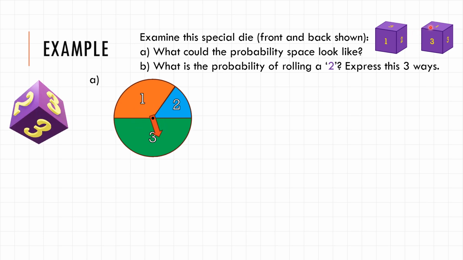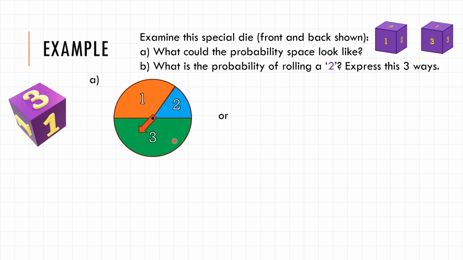There's 2 1s and only 1 2, so I would break this circle up in a way that the area of the 1 is double the area of the 2. And there are 6 total outcomes, and 3 of them are 3s. So the area of the probability space that should be taken up by the outcome 3 needs to be half. Half the total probability space is occupied by this outcome.